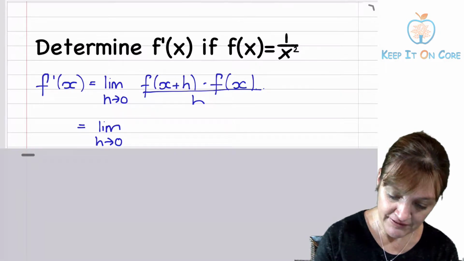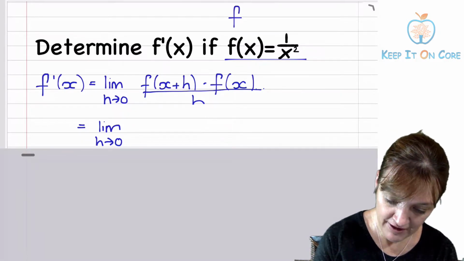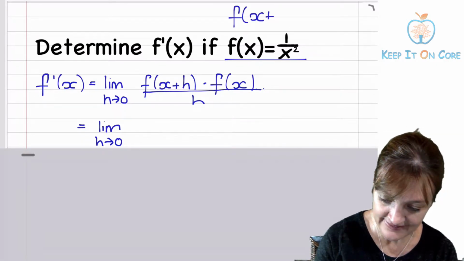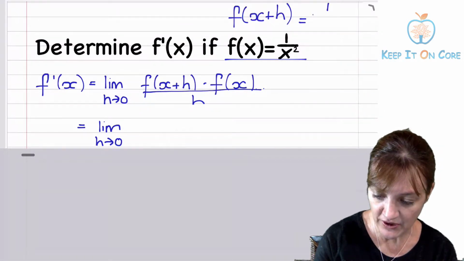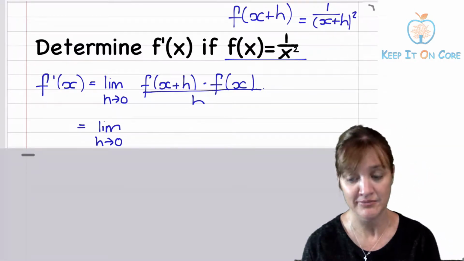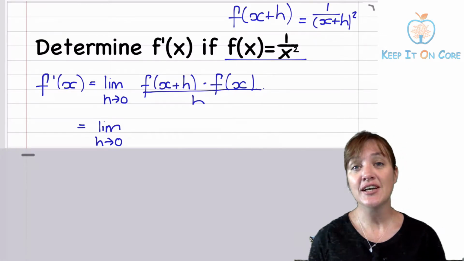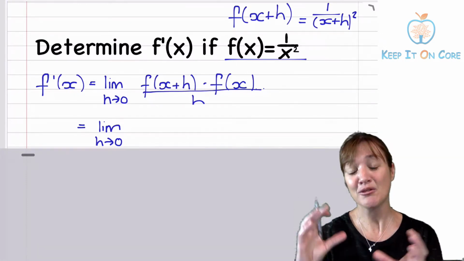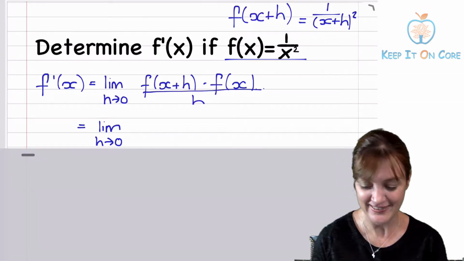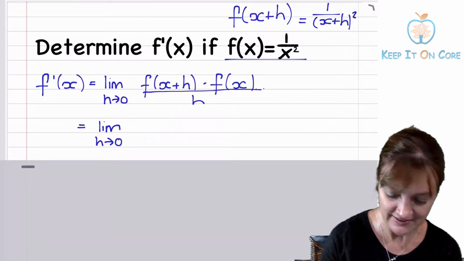If this is f of x over here, then f of x plus h, do you agree with me, would be 1 over, where there's x, I'm now replacing it with x plus h squared. So just be careful and be neat here because you're working with fractions over fractions, so make sure it's being set out nicely.